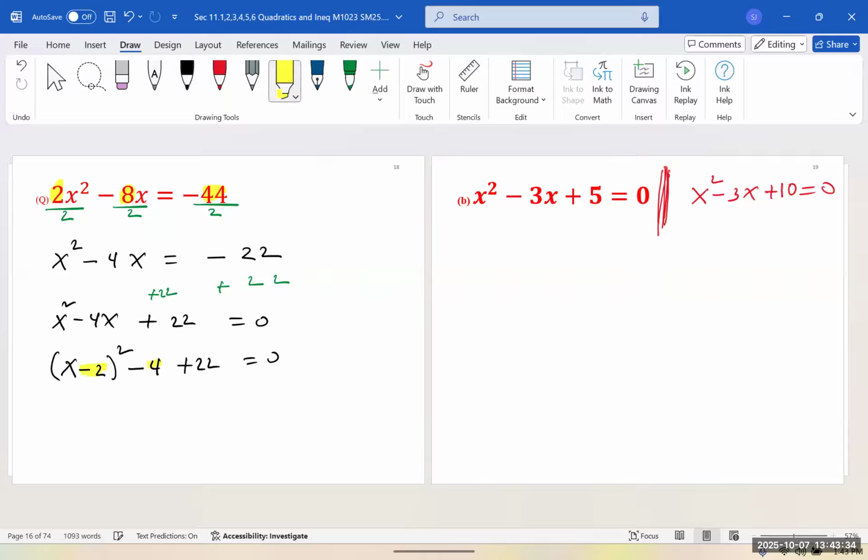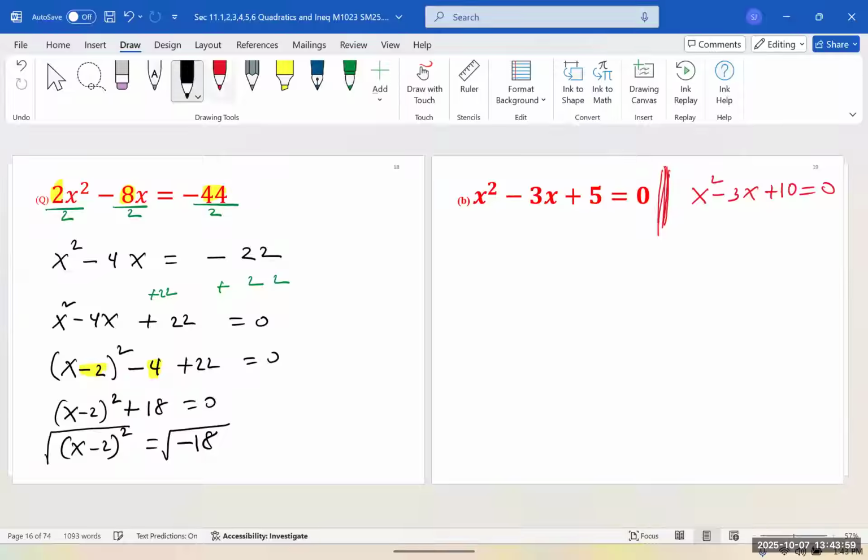So we have this and this extra. So this is 18. So x minus 2 squared equals negative 18. So x minus 2 equals plus minus.